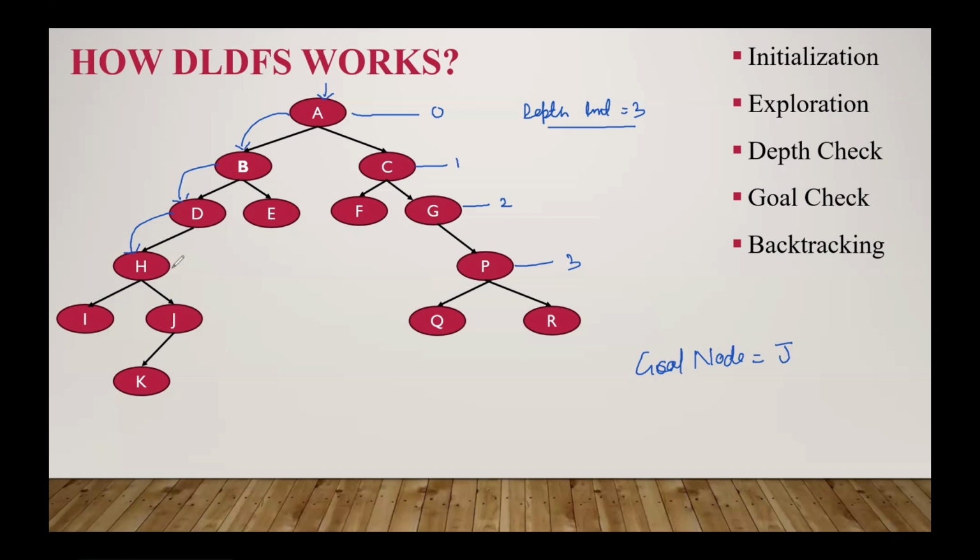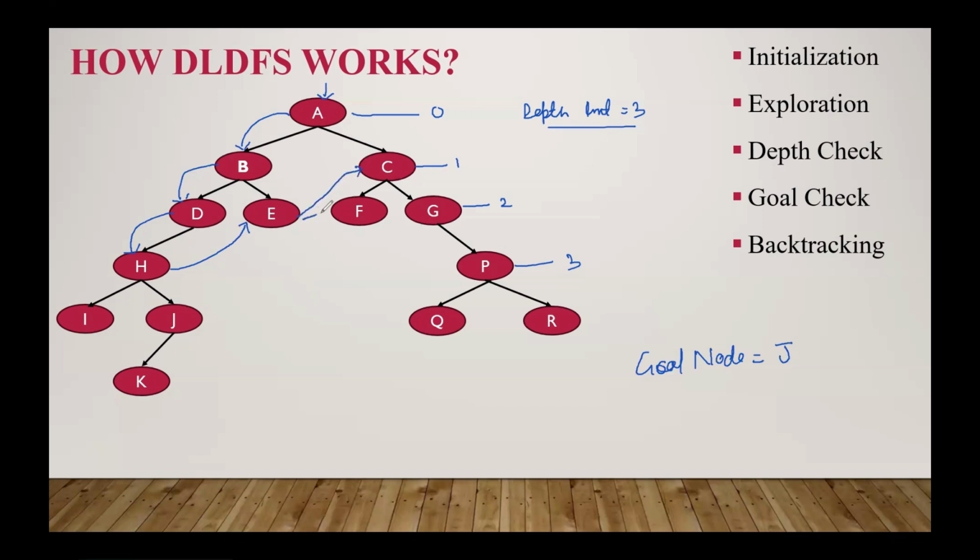After that comes the depth check. If the current depth exceeds the limit, it will stop exploring. So further it will not explore. It starts backtracking, meaning it is already a visited node, so it will go to this node. After this node, parent and sibling are already visited, so it will go to this node.